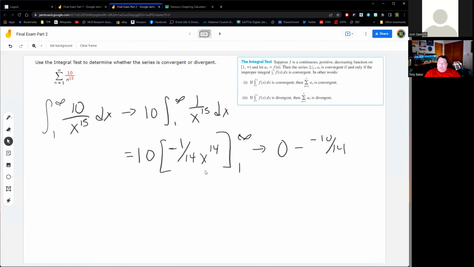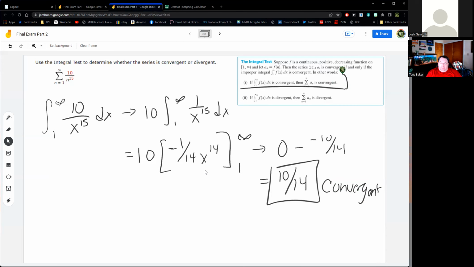So this is going to 10 over 14. Since the integral goes to a specific number, that means it is convergent. So that means the entire function, so this series is convergent.